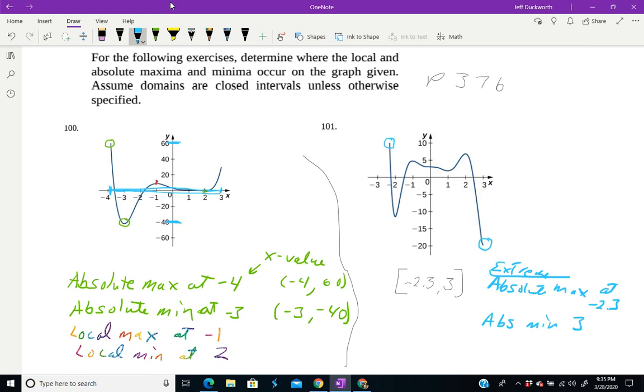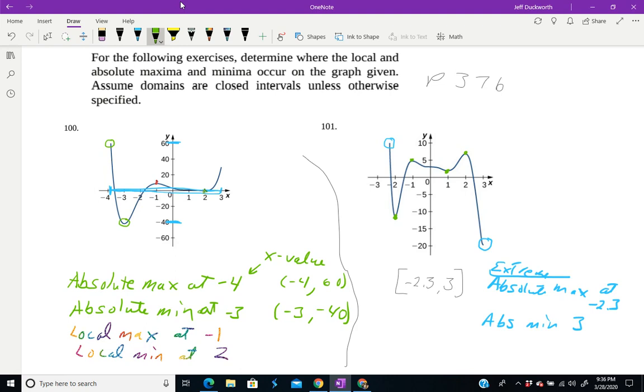Okay, so we're looking for local max and min now. So we have a local min here. We have a local max here. I don't see any points connecting -1 and 1 where we might have a max. I don't know if it's horizontal anywhere or not. I can't really tell, so I'm not going with it.